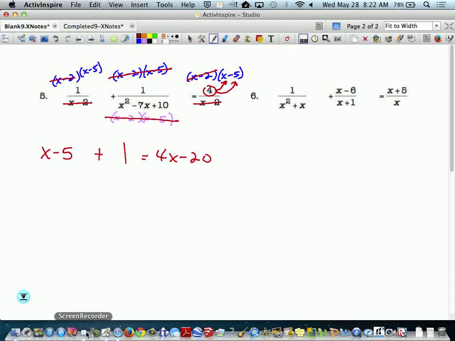I'm going to pause it, let you solve it, and then we'll look at the answer. All right. So combine some like terms. This is x minus 4, just combining the negative 5 and the 1. So if I move the 4x over, I would have to subtract 4x.